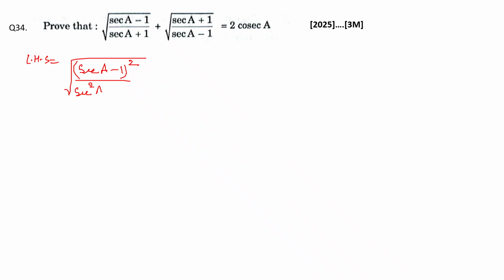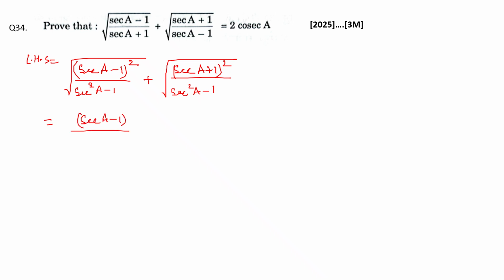So it will be sec square A minus 1 square, which is 1. Here you have to multiply with sec A plus 1 on both numerator and denominator. So it will be (sec A plus 1) whole square, and this will be sec square A minus 1. Now (sec A minus 1) whole square, if you take out the root, is sec A minus 1. Sec square A minus 1 is tan square A. Root of tan square A is tan A.